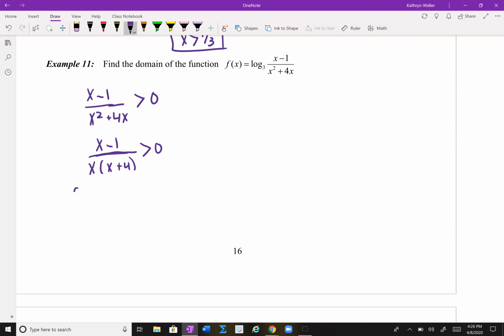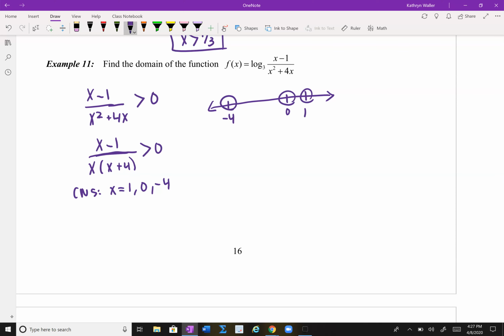The next step is listing your critical numbers. So from the top, it's x equals 1. From the bottom, it's a 0 and it's a -4. All the circles are going to be opened because I don't have an equal sign, so I don't have to worry about restrictions. So -4 is over here, 0 is here, and the 1 is pretty close to the 0. All my circles are going to be opened.